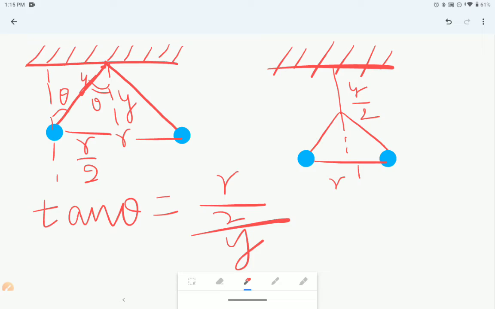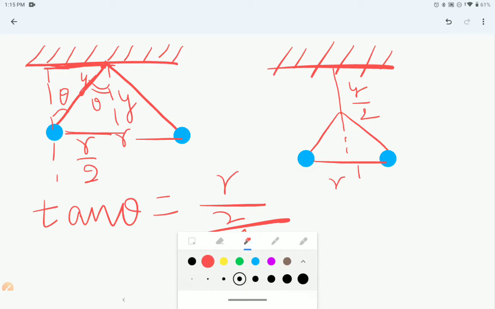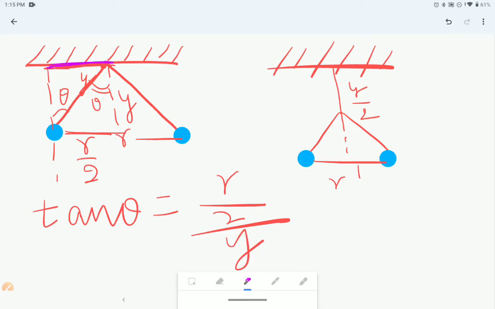This r by 2 can be treated as this one, and this is also y. So let's treat this triangle. Theta is the angle where the opposite side is r by 2 and the adjacent side is y. So tan theta comes out to be r upon 2y. Now we found tan theta.